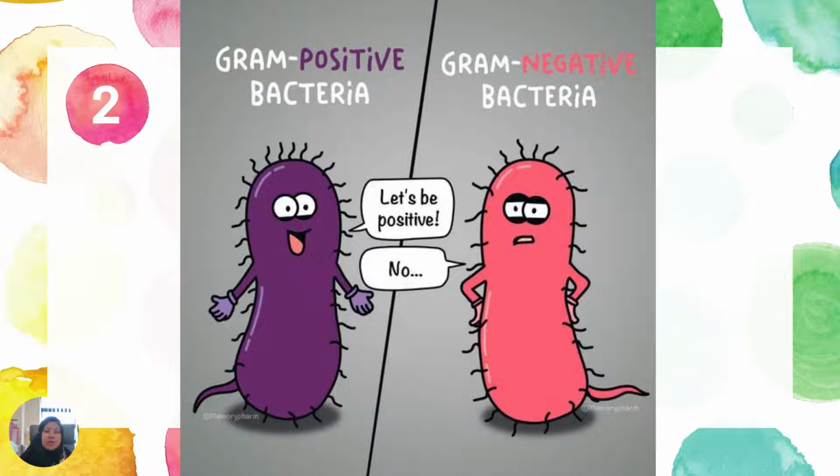If it is purple, it means that the bacteria is gram positive. How to remember? Positive has a P in it, and P stands for purple. And the other one, gram negative, will be in the reddish pink color. So this is how for you to remember.